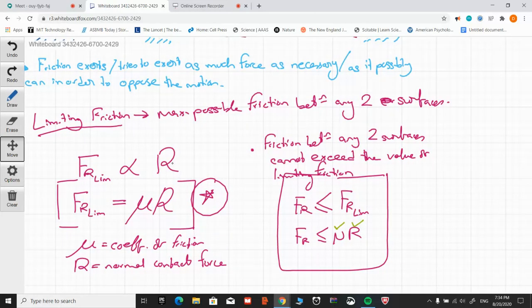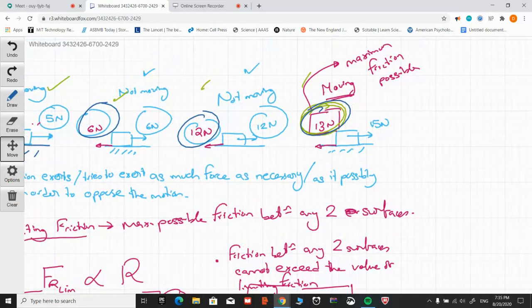Then the friction will try as much as it can to oppose it. Sometimes it will be able to stop it. For example, imagine if this wasn't 15 but 13. Then the friction does reach the maximum, and it balances the 13 and equals it. So that was enough to still keep it in equilibrium.